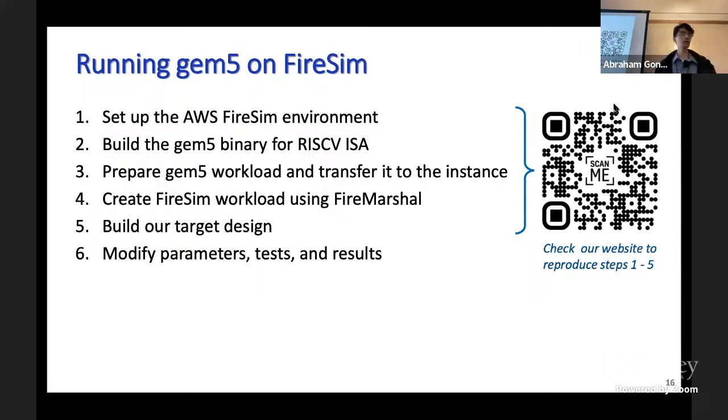Any other questions? Do you have ideas for other parts of the microarchitecture that you want to explore for this type of architectural simulator? Definitely.